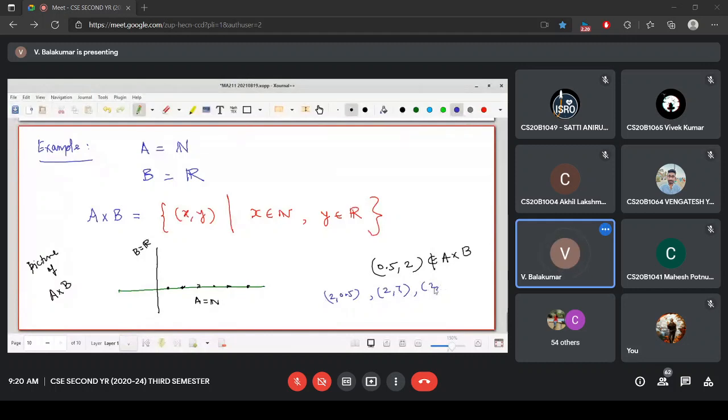2 comma. This is how you want to draw. Is there any condition on this? The second place is reserved for y, that is actually a real number.